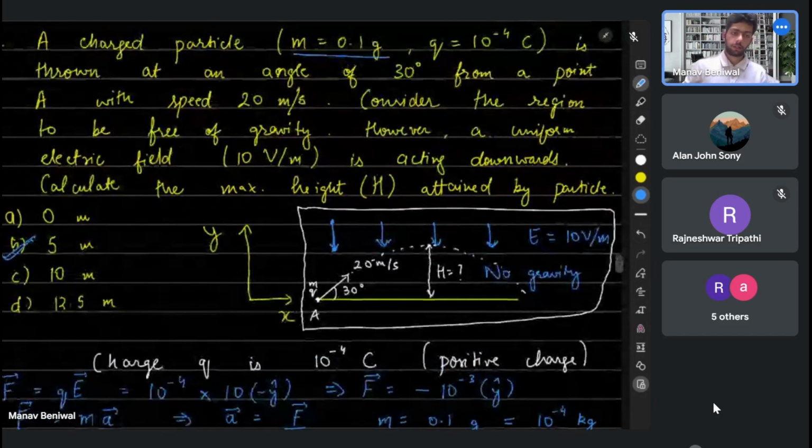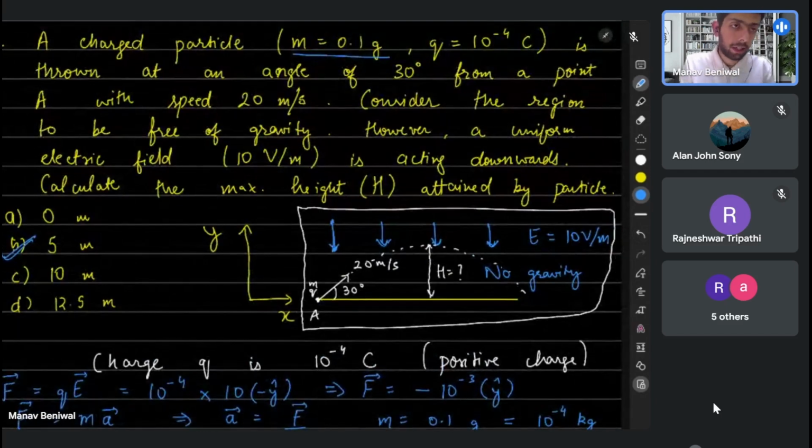Okay, so let me just explain again what we have done in this one. We were given some electric field E pointing downwards. Using the electric field, we found out the acceleration. What is the acceleration that our particle will feel? And once we have the acceleration, we can find out the total time that it takes to go from point A to point B. We found out that this was coming out to be 2 seconds.